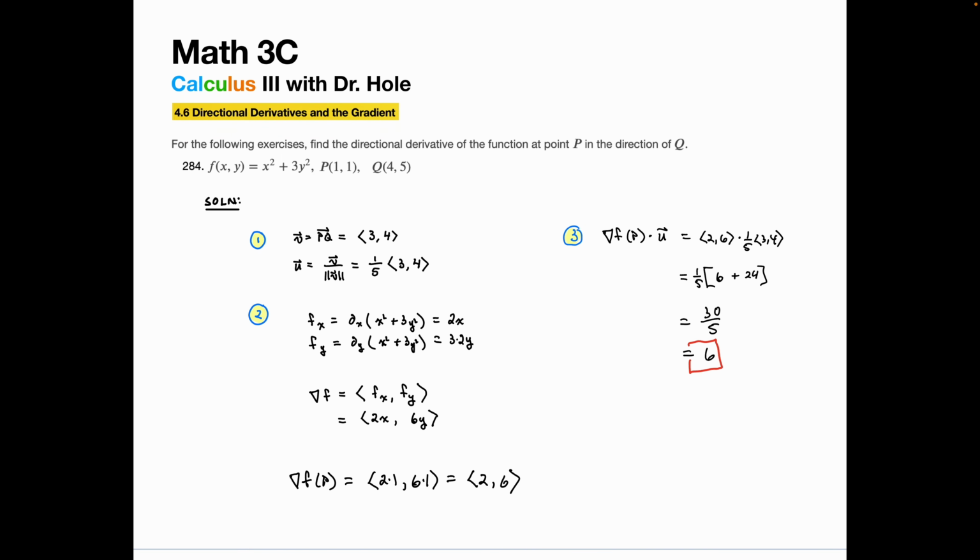All right, so there's properties of the gradient, and then there is a nice usefulness for the gradient. And you can use it to find the rate of change in any direction that you like. So here's problem 284 where a particular function is given to us. It's a nice polynomial in x's and y's.